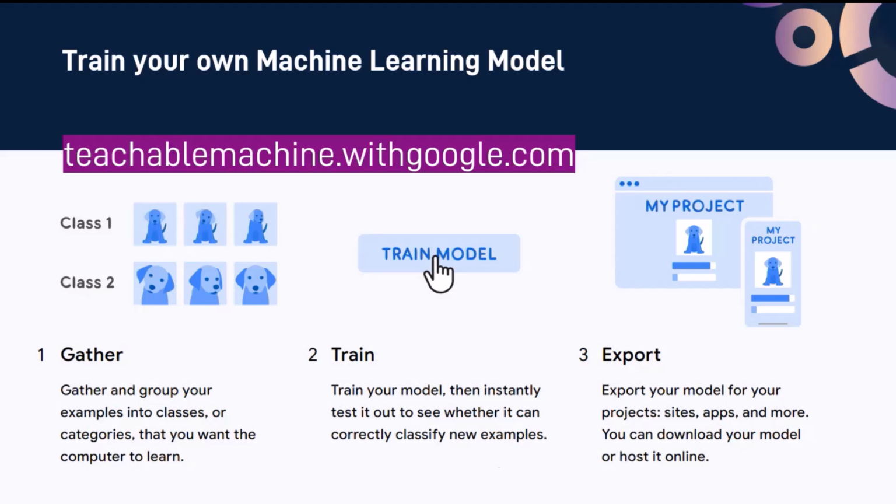So basically the way it works is you basically give it information. It could be photos, for example, as I will show you in a minute. Then you train the model, and then you show examples of data to the model, and the model will try to guess the object that you are showing it. Let me show you how it works.